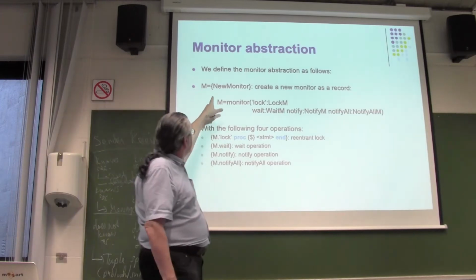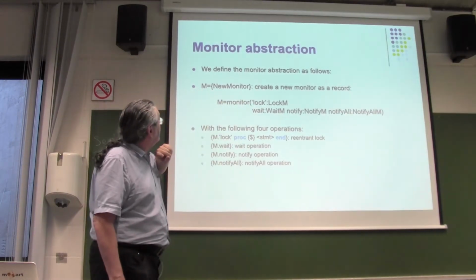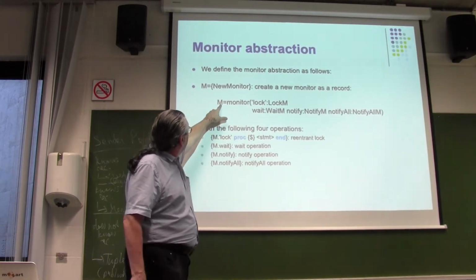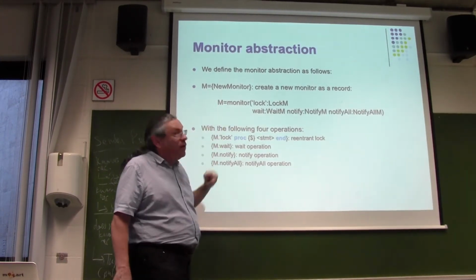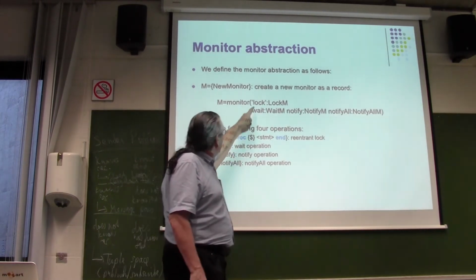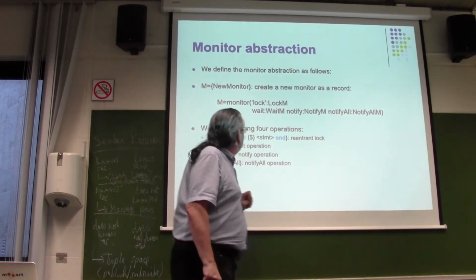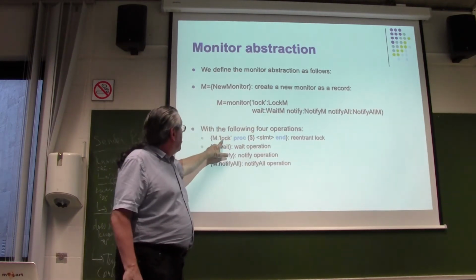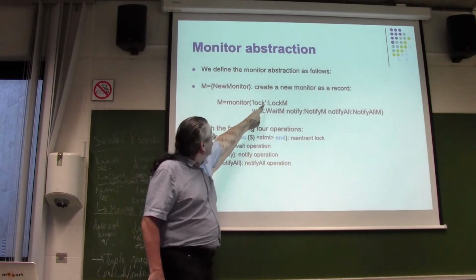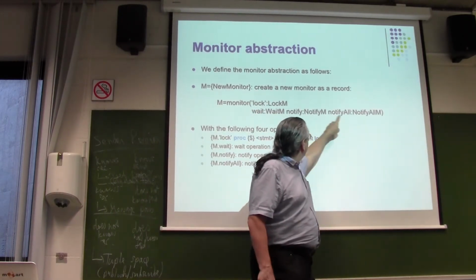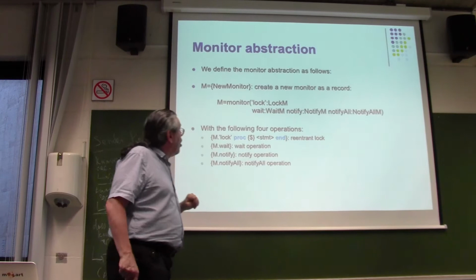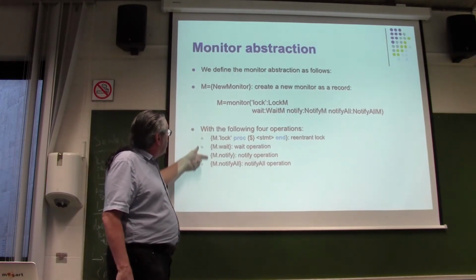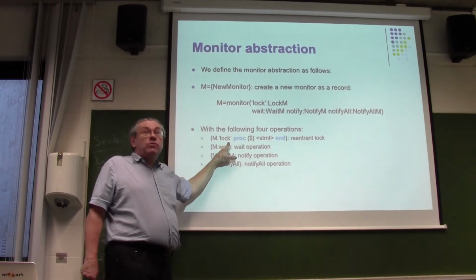I will define a function called new monitor. The new monitor M is actually a record with 4 fields. It has lock, wait, notify, and notify all fields. They're all procedures: lock M, wait M, notify M, and notify all M are all procedures. And then these are the ways to use them. The lock is like we saw before.